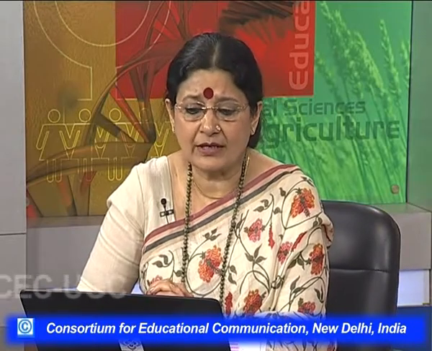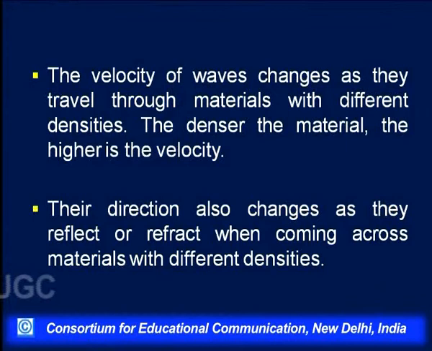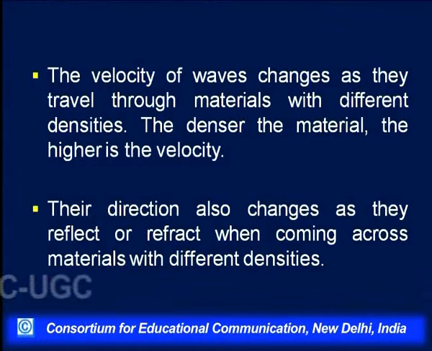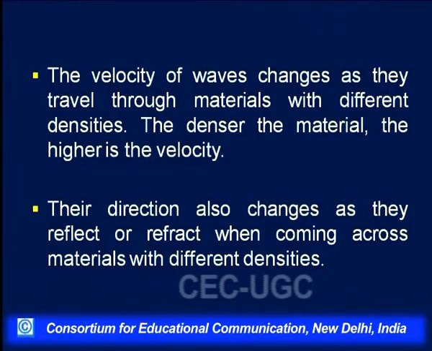Now something important to understand here is that as these waves travel through the interior, their velocity undergoes change, and this change comes with the fact that as they travel through different materials of different densities, there is a change in their velocity.